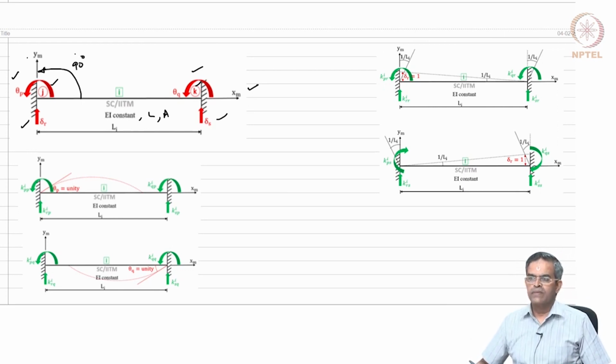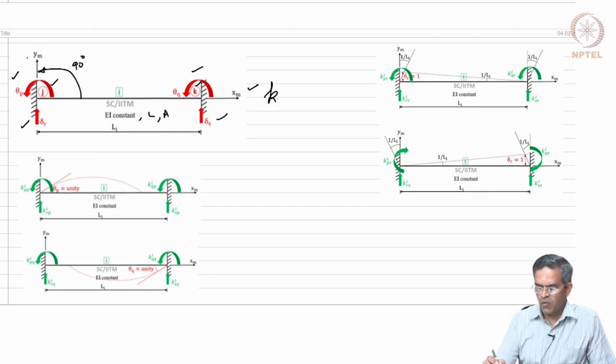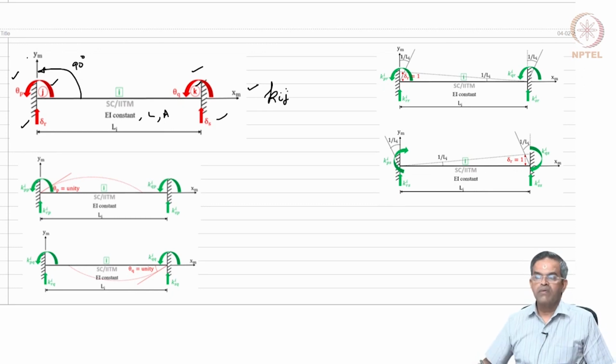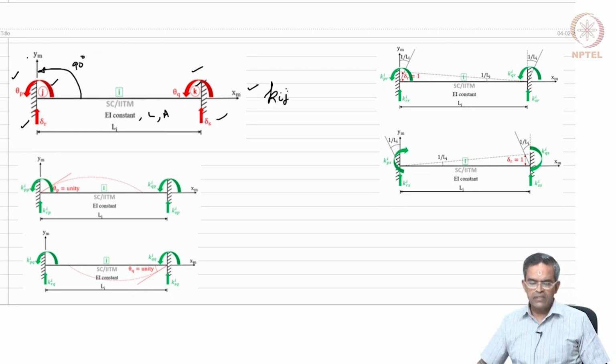Okay. Now, I want to derive the stiffness coefficient for this beam, which is statically indeterminate, a fixed beam. We know Kij, the stiffness coefficient, is the force in the ith degree of freedom for unit displacement in the jth degree of freedom, keeping all other degrees of freedom restrained.